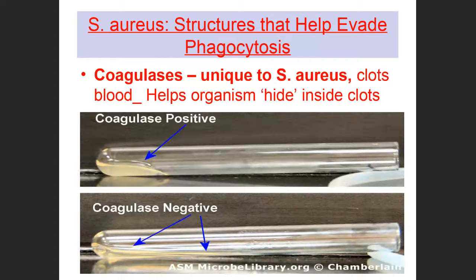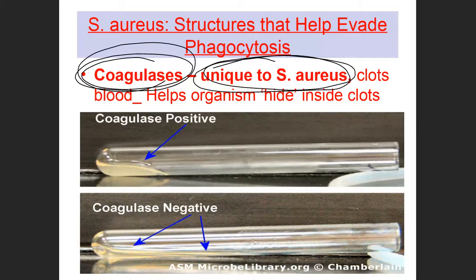Coagulase, very, very important because it's unique to Staph aureus. The minute you detect coagulase, you know you have a Staph aureus. And coagulase, like the name implies, is an enzyme that creates blood clots. So the way they test for the enzyme is they take a little test tube with rabbit plasma and add the bacteria to the rabbit plasma.